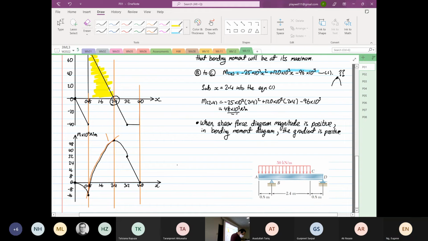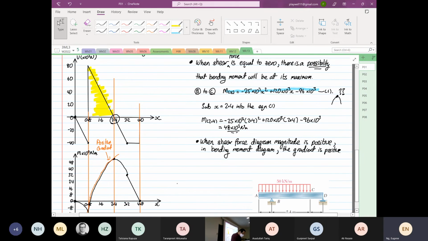Positive. Can you see that? Positive gradient. So because we have positive magnitude.